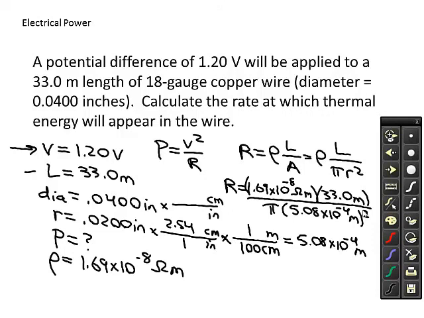So 1.69 times 10 to the negative 8 times 33 divided by previous answer squared, divided by pi. So we're getting a resistance of about 0.688.